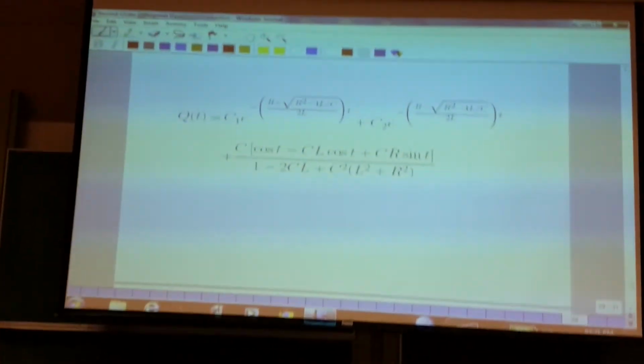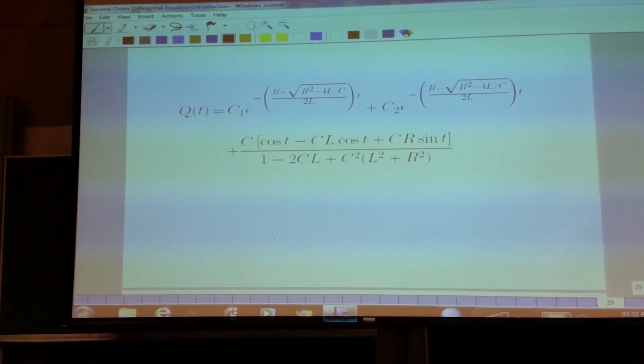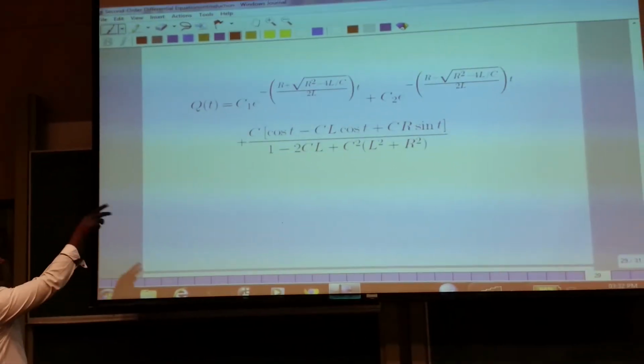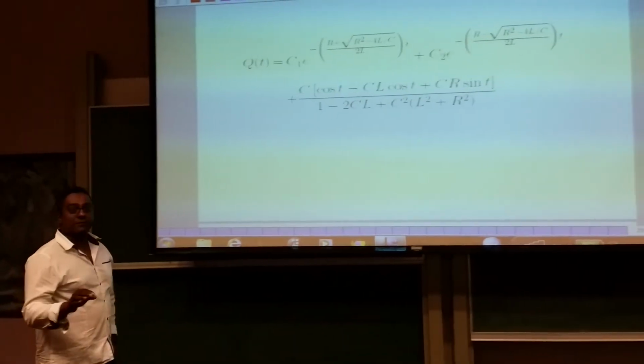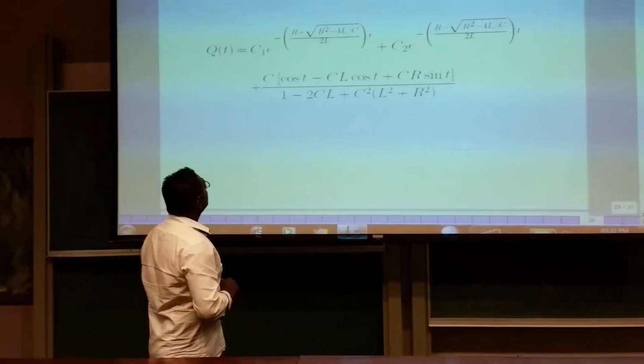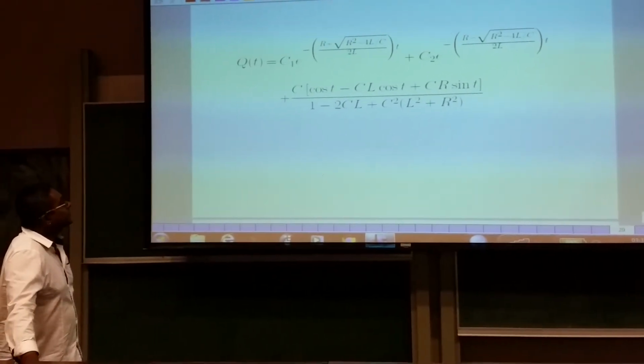You will recall, you can almost guess the form. If you look at it, you've got three terms. The first two terms are exponential. In fact, they are decaying exponential functions that come straight from the characteristic equation for the solution xc for the homogeneous equation.